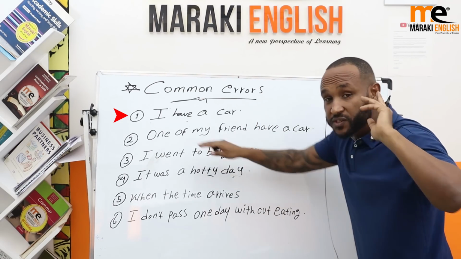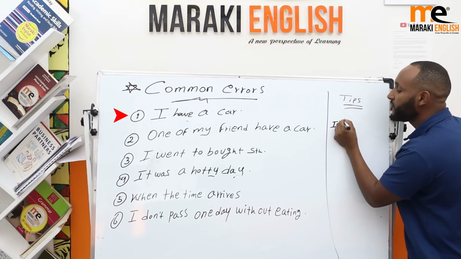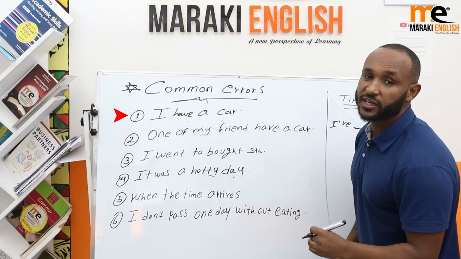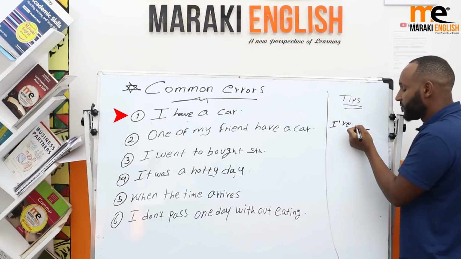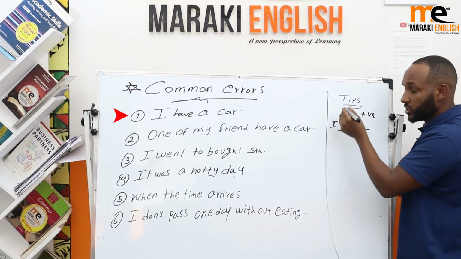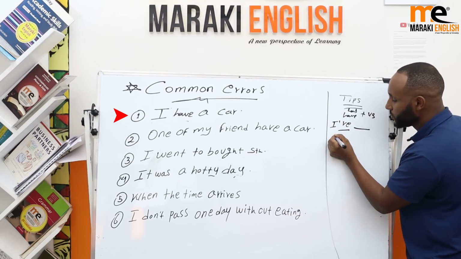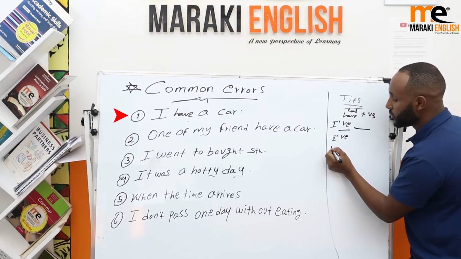But you've seen I've somewhere, and that's what's confusing you. You say I've in what sentence? In one tense. In the present perfect tense. I have plus verb 3, or she has plus verb 3. When we contract I have, we say I've. When we contract she has, you say she's.